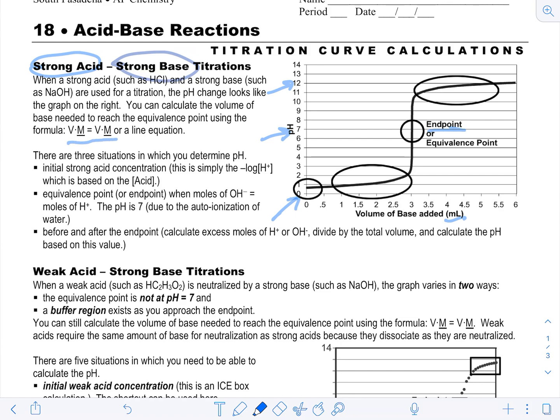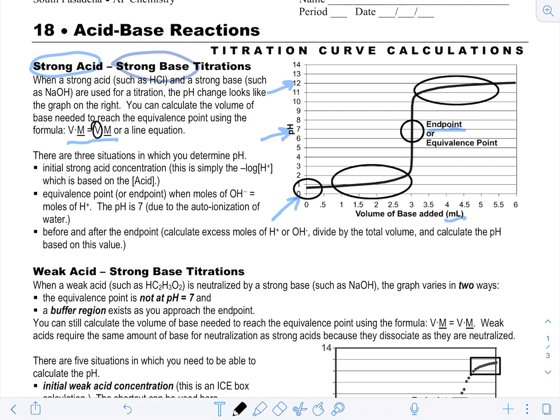Now the easiest thing to do, if you need to figure out how much of the unknown you need to reach the equivalence point, and typically you have all except one of the parts of the solution.